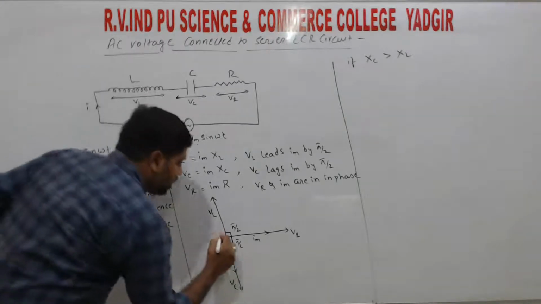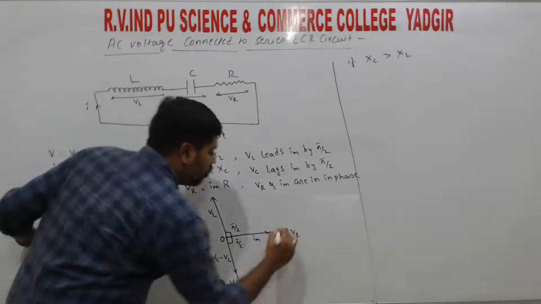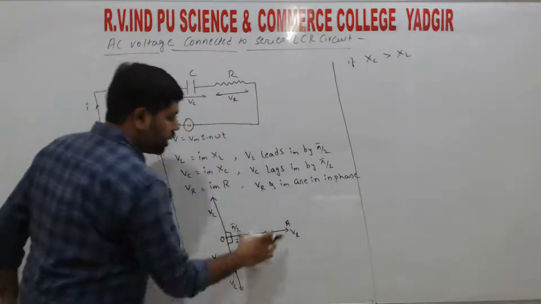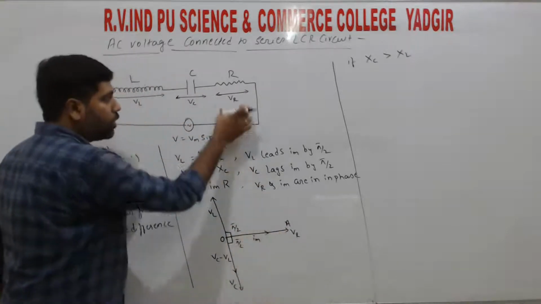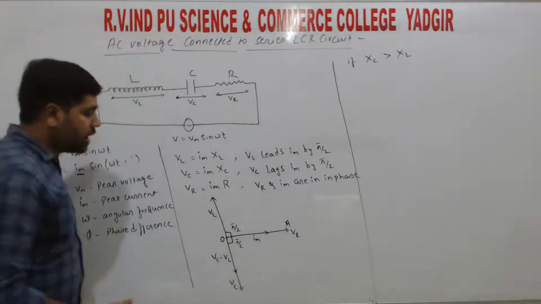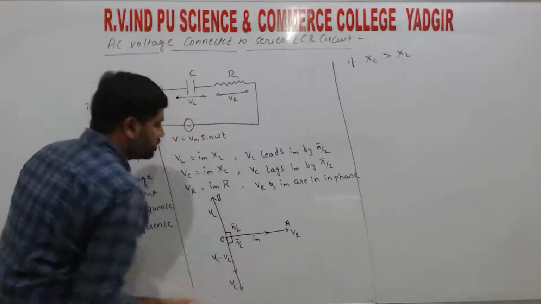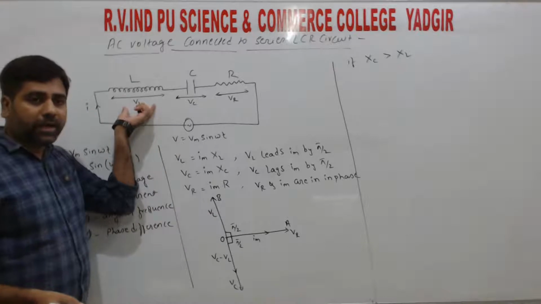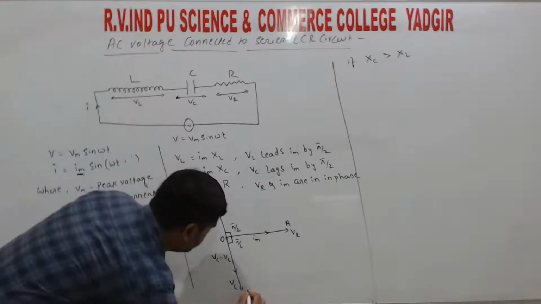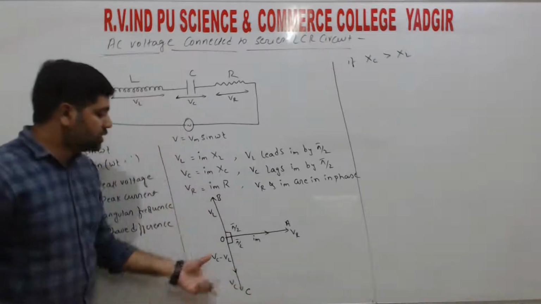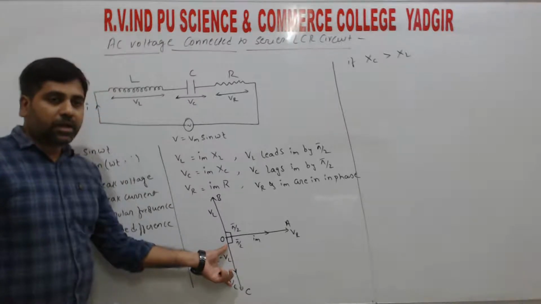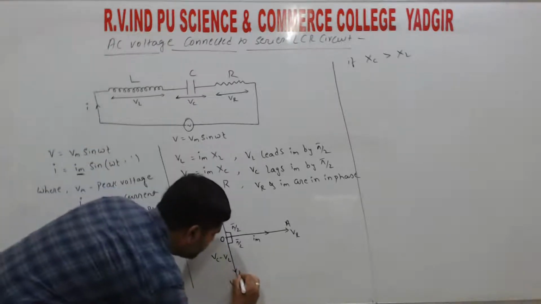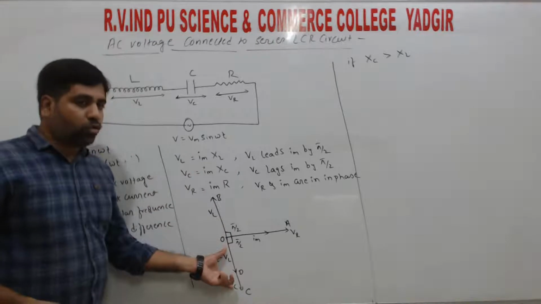Right? So otherwise I will write here, mentioning labeling. OA represents the voltage drop across the resistor R, and OB represents the voltage drop across the inductor, and OC represents the voltage drop across the capacitor, and OD is the resultant of the two.